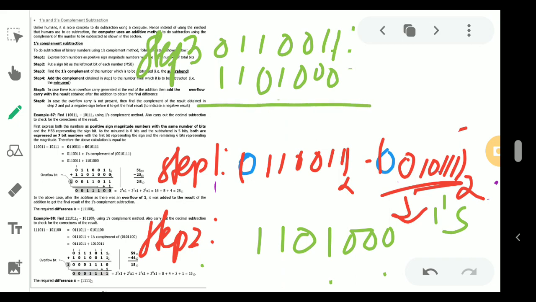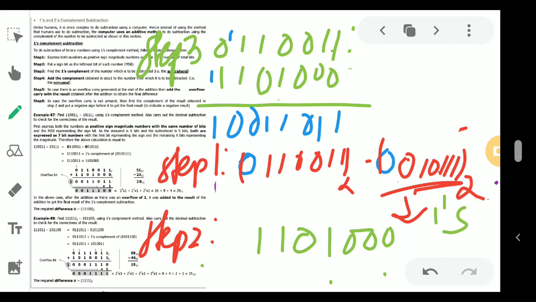Now we need to add these two numbers. If you add these two numbers, 1 plus 0, 1 plus 0, 1 plus 0 and so on, with carries, I have brought down this particular carry.